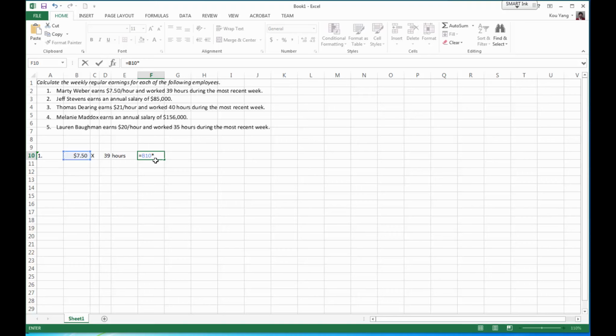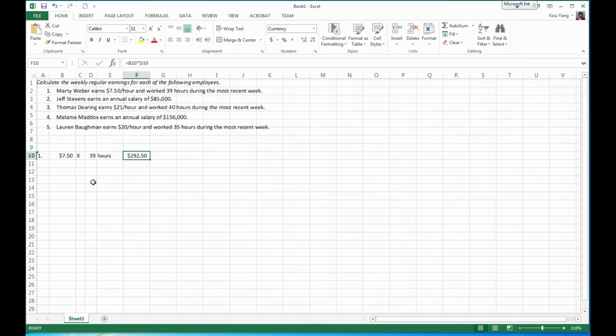You can use the asterisk for multiplication. Then click on the 39 hours, because you're telling Excel, take $7.50, multiply it by 39 hours. Once you have the formula set, press enter on your keyboard, and it will automatically give you the calculation in this cell. That's just a quick calculation technique for you to learn. That's how I do it for my calculations.